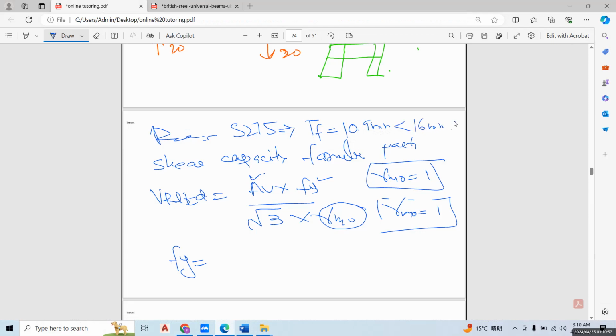This is actually a limit. If your flange thickness is less than 16 mm, your strength will automatically be 275 N/mm². But if your flange thickness increases above 16 mm, for example 18 mm, but is less than 40 mm, you have to remember these values, then your strength will be 265.